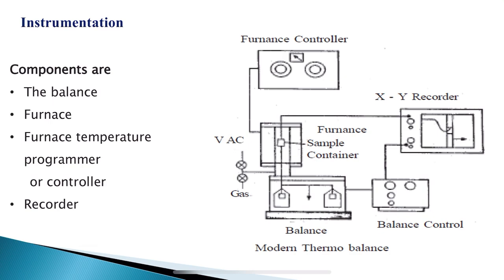Okay. The analytical sample is taken in a suitable inert crucible, like a silica crucible or aluminum crucible. That means the crucible should be stable at the temperature we are going to reach.